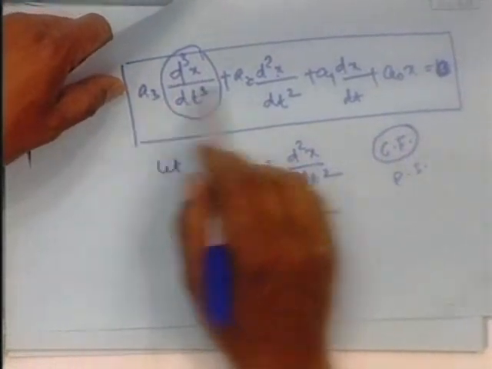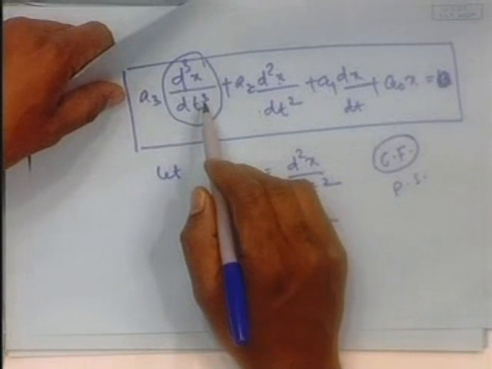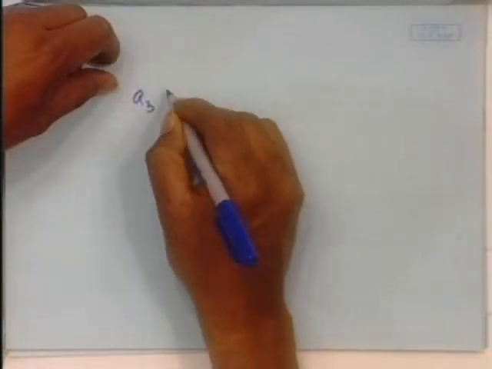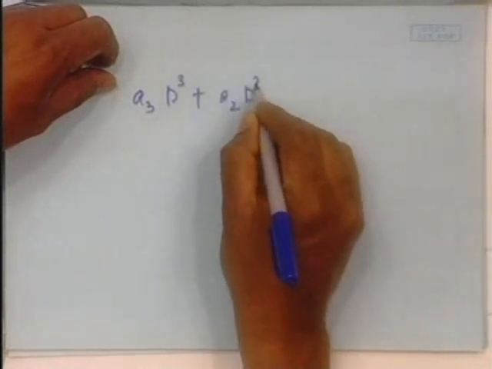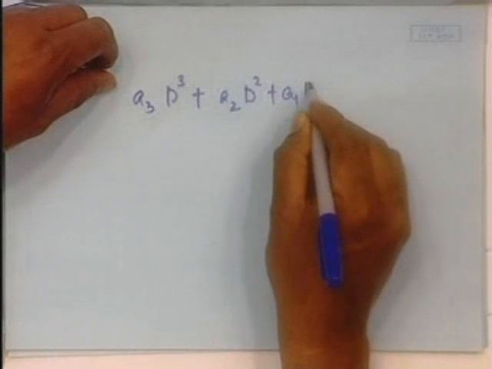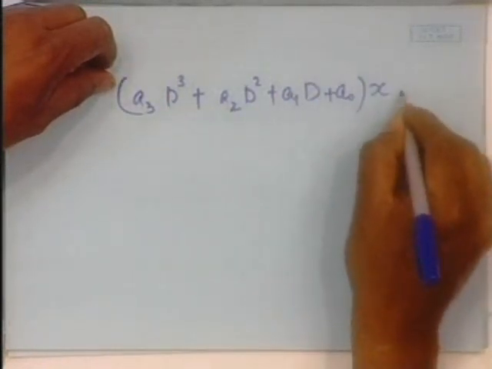If you take the Laplace transform, or otherwise you write generally the characteristic equation to be a3 D cube plus a2 D square plus a1 D plus a0, is it not, into x is equal to 0.